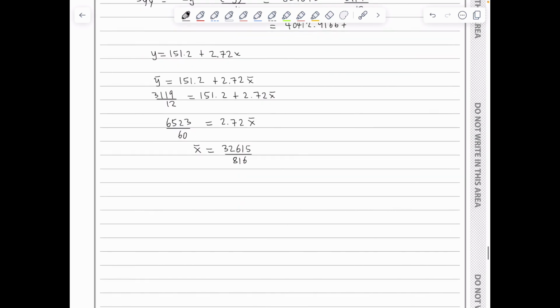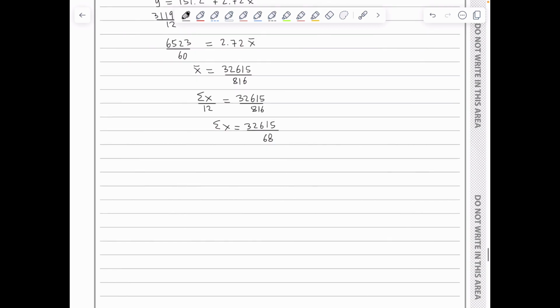I can use this to extract the sigma x. We know that x bar is found by doing sigma x over n, which is 12. So this is 32,615 over 816. Cross multiply by 12, we get sigma x to be 32615 over 68. So we've got the sum of the x values, and I can proceed in finding Sxx. So Sxx will be sigma x squared minus the square of sigma x over n.